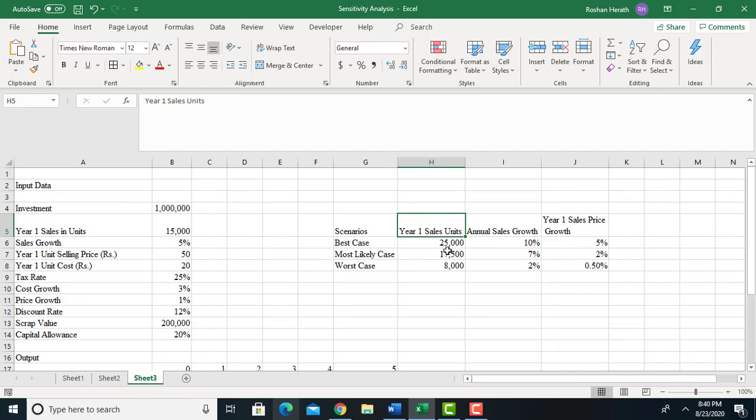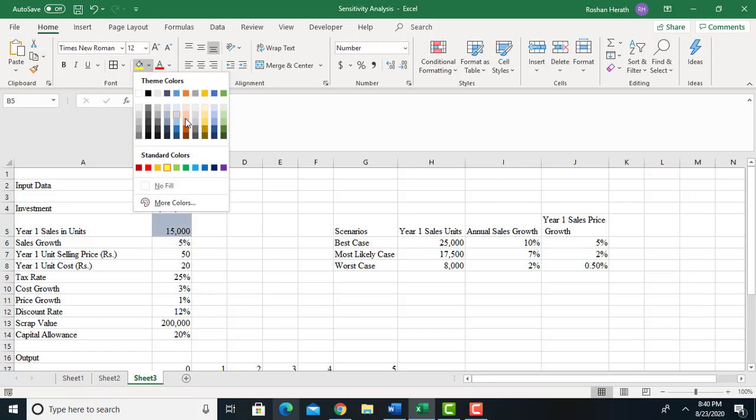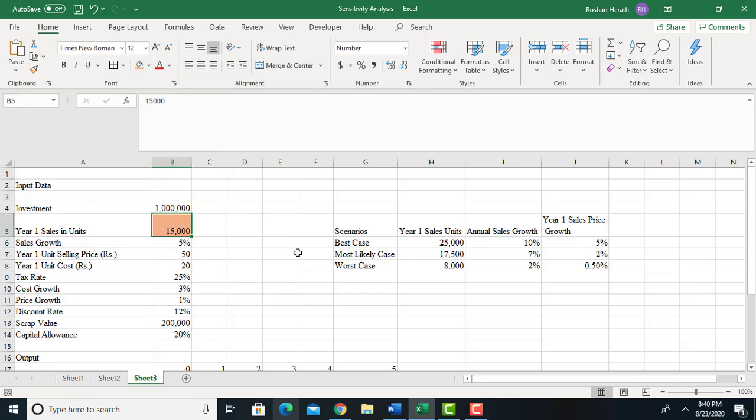So here your changing cells are year 1 sales units, one particular input, and annual sales growth is another, and also the year 1 selling price, that is also another important one. So therefore it is better you use names for them. Then once you feed the information under different scenarios, it will help you.